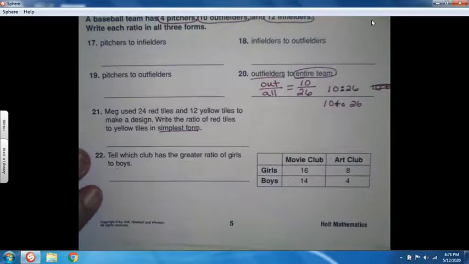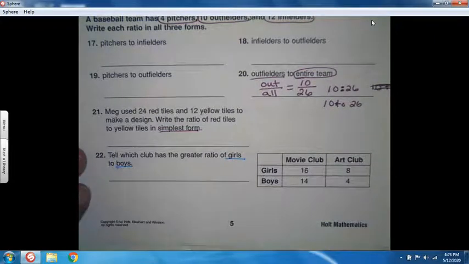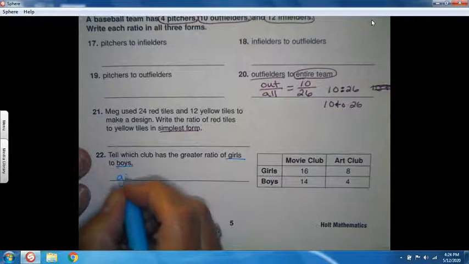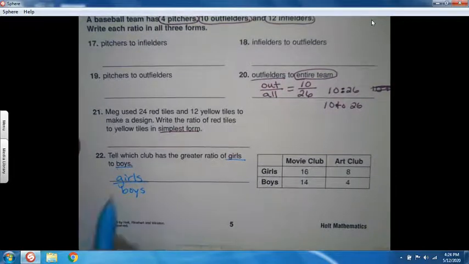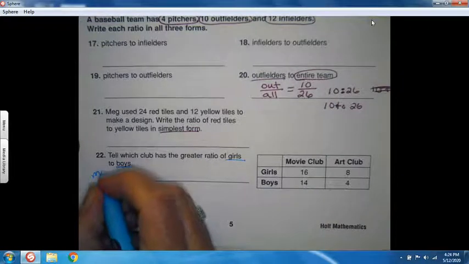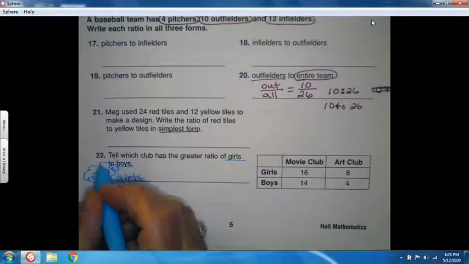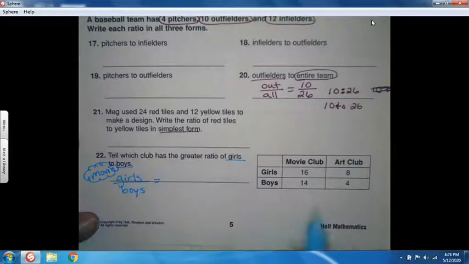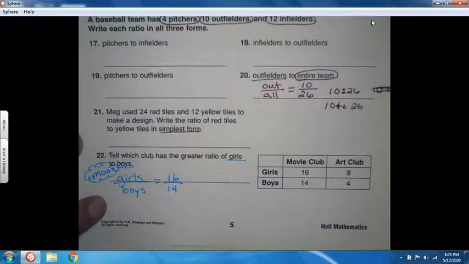So they want to know which has a greater ratio of girls to boys. So we'll put girls on the top, boys on the bottom, and this is for the movie club. Okay, movie club. So for girls, we've got 16 over 14, and then we need to simplify. What is our giant 1?